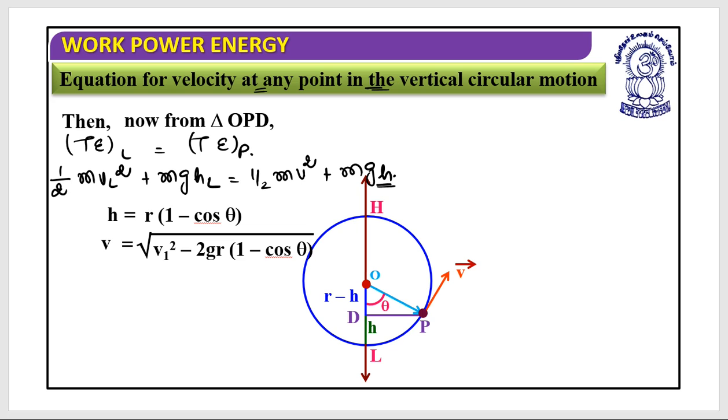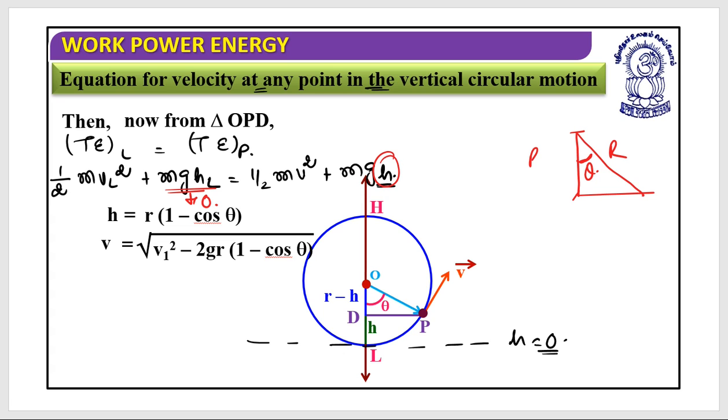Now at this location, let's assume h is equal to 0. So this is going to be 0. Now how should I write this h? If you observe this very carefully, the situation is something like this. This is theta, this is r.